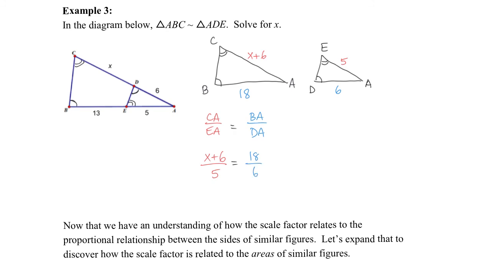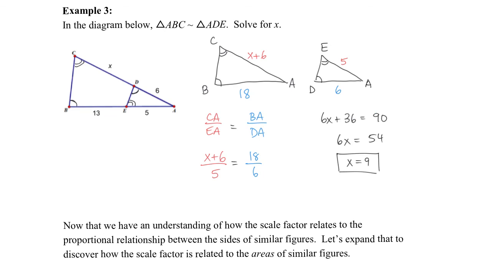Okay, so let's cross multiply and solve. When you cross multiply here, don't forget that you have to distribute the 6 to everything over here. So what does this become? This becomes 6x plus 36 equals 18 times 5, which is 90, and then solve. This is going to be 54, and so x equals 9.